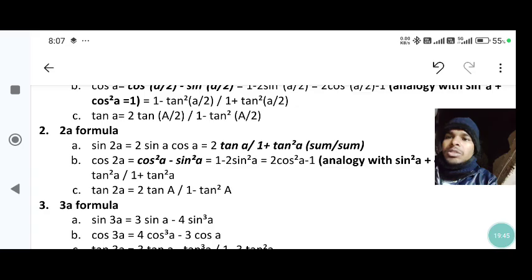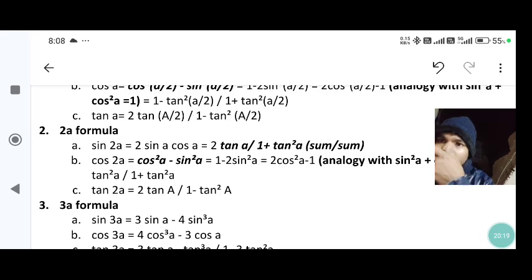For cos 2A, cos square A minus sin square A gives cos 2A. The angle will be twice, and the cos sign will be cancelled. It is also equal to 1 minus 2 sin square A. In this, sine will be converted to cos and the angle will be twice.